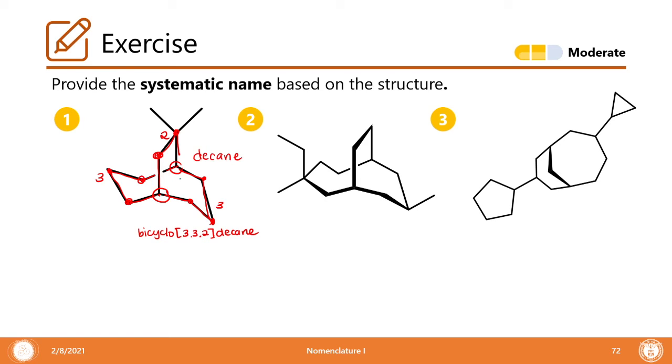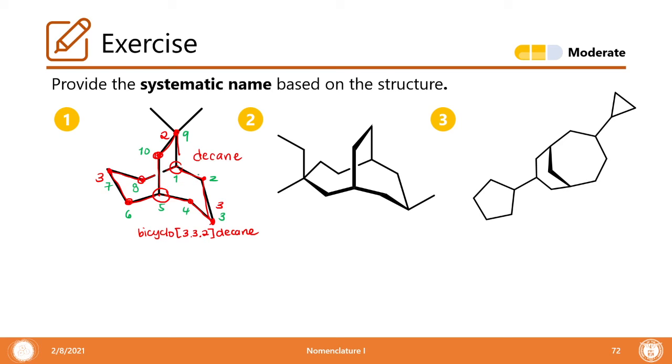So we start here. Actually, we can choose any because our substituent is at the smallest path, which is the path with 2 carbons. So we'll just exhaust all our numbers. 1, 2, 3, 4, 5, 6, 7, 8, and then we can go up 9 and then 10.